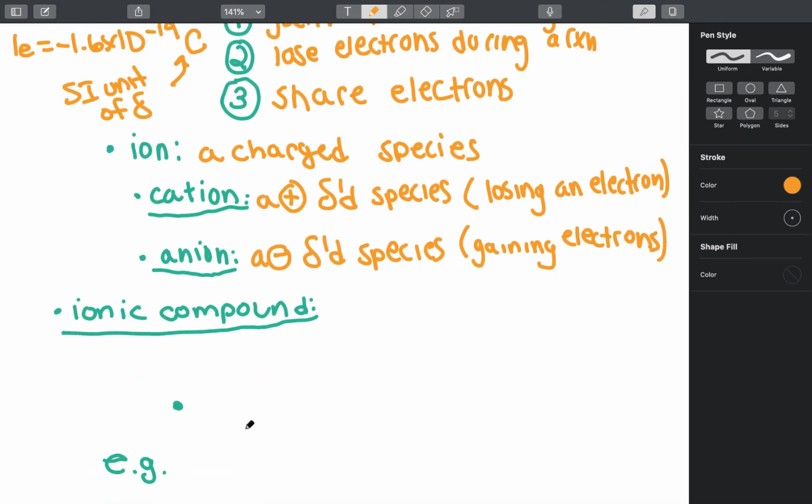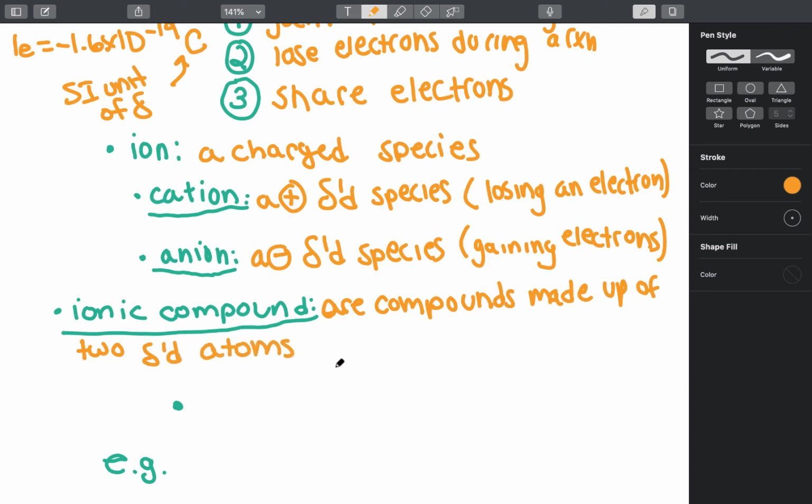So an ionic compound is basically the interaction between two charged species. So they are compounds made up of two charged atoms. And ionic compounds tend to be formed by the gaining or losing of electrons.